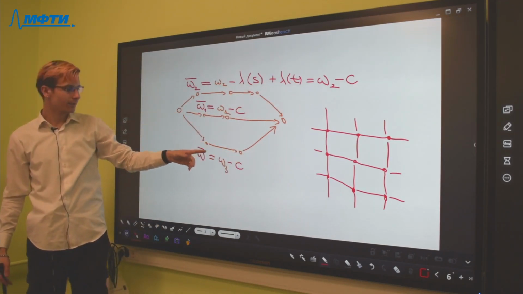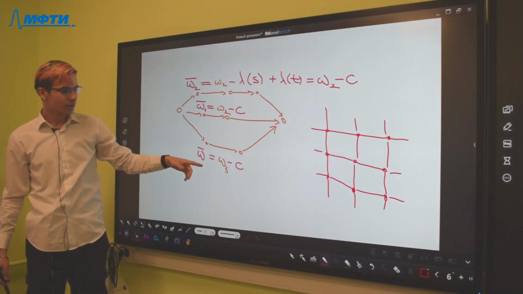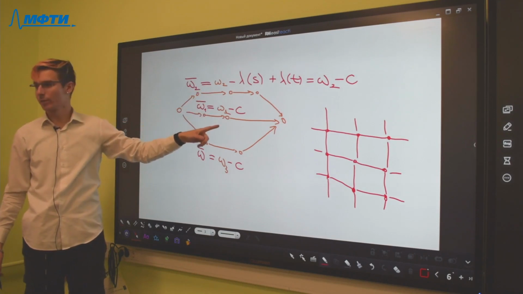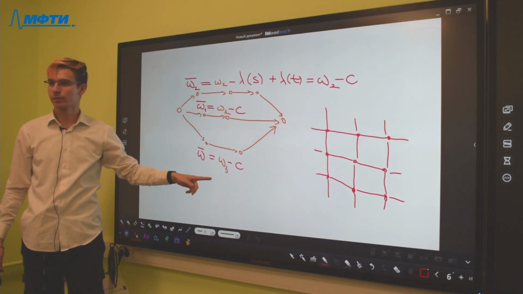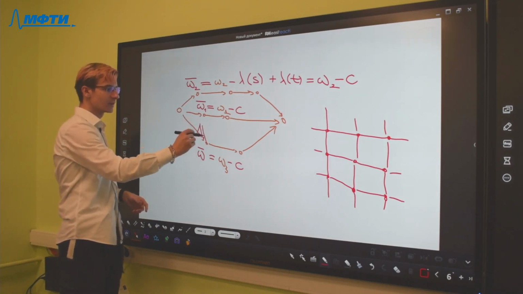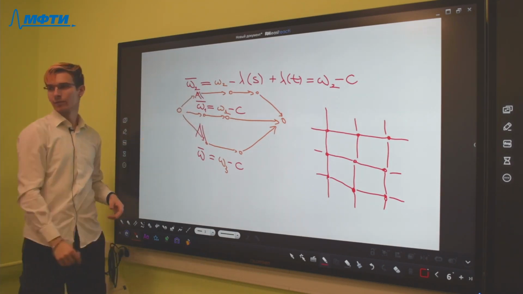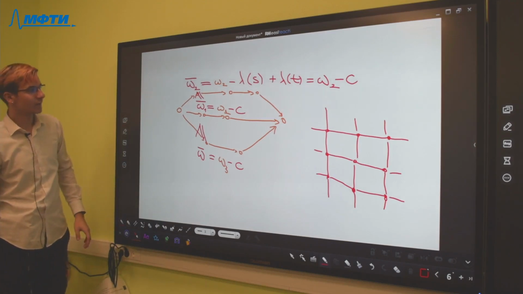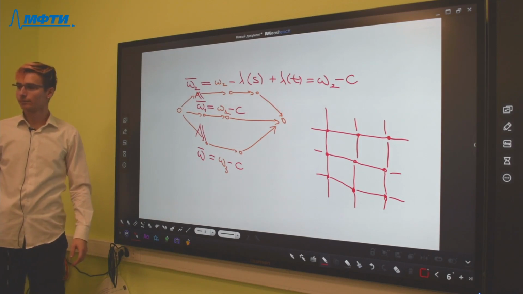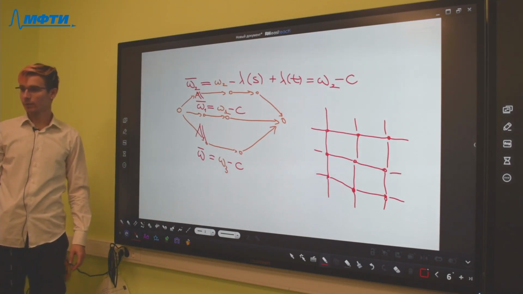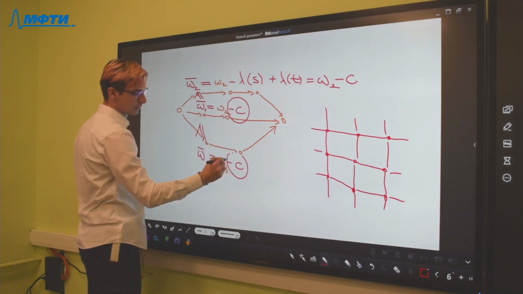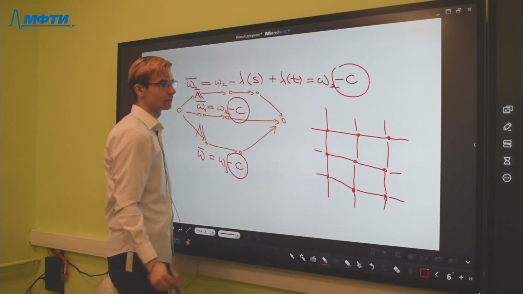So if we initially have W2 smaller than W1 smaller than W3, then this partial order will be the same for the W with overline. Understandable? Because we change with the same constant.